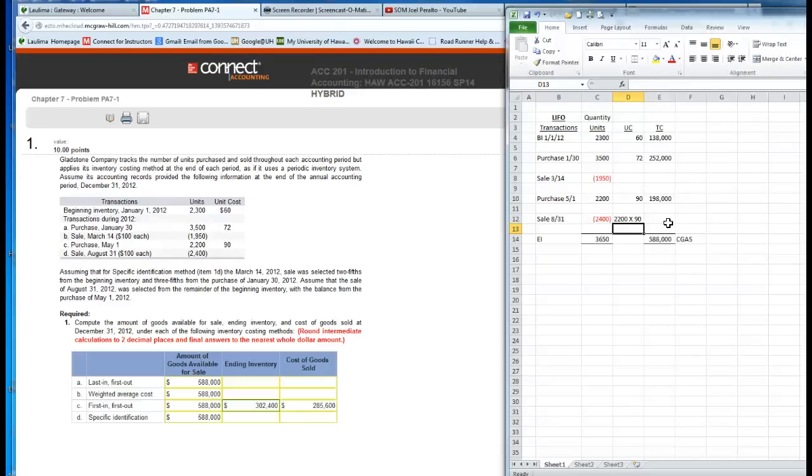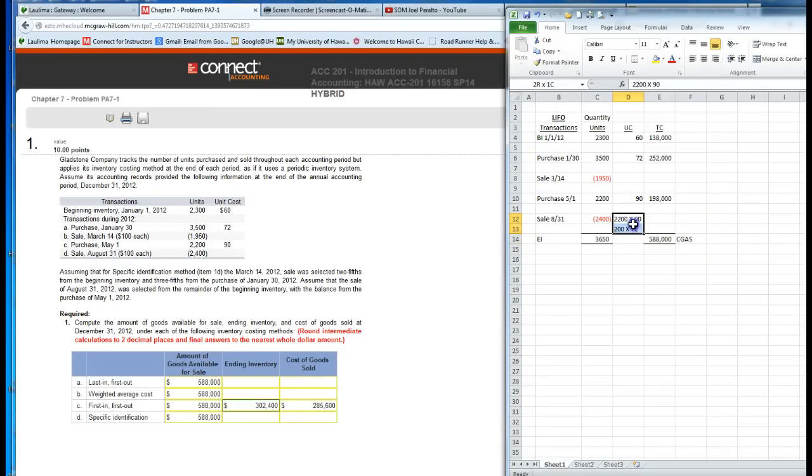to make up the difference we need another 200 units, and those units would come out of the purchase on January 30th. This 3,500 units, we need 200 of this batch to make up the difference for that sale. And so those 200 units were at $72 per unit.